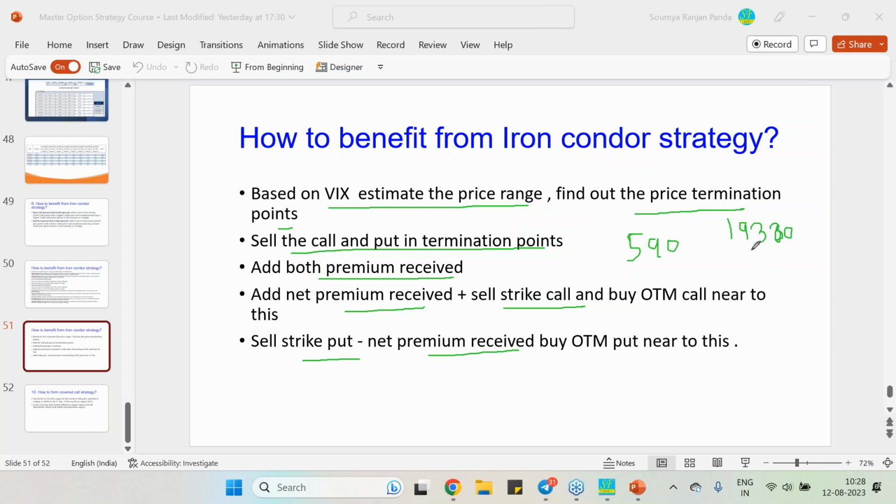Now 600 points upside gives 19,900, and again if you subtract 600 points from here, 300 gone, 18,700 put. 18,700 put, 19,900 call. Not necessarily August, sell September.